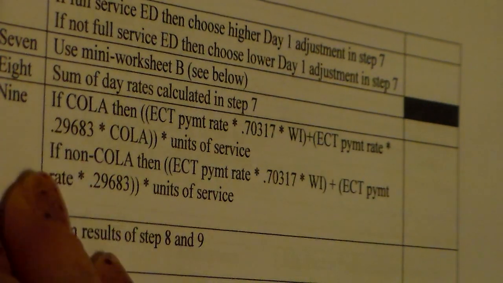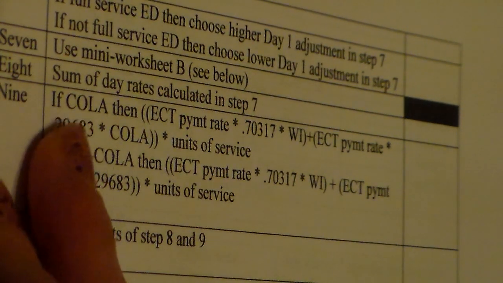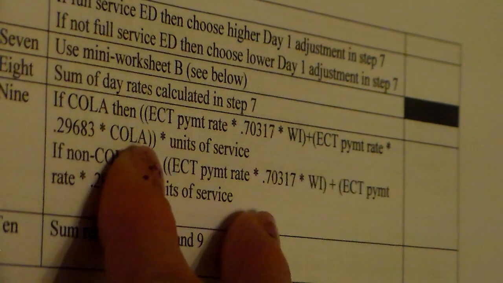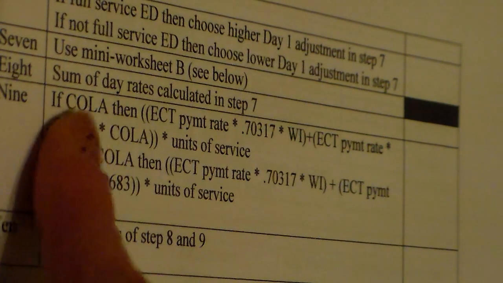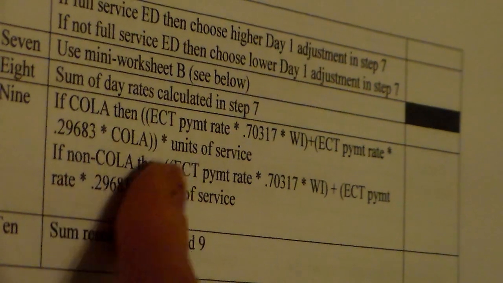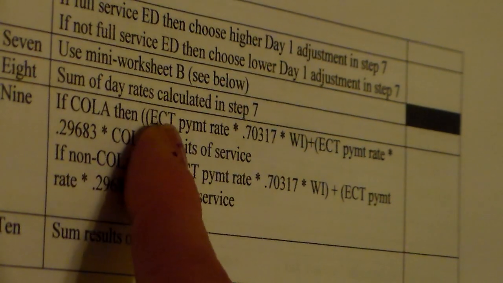Okay, so number 9, we're back to making some determinations regarding COLA, and we're given a couple of different calculations here, dependent on whether the facility is eligible for COLA or not eligible for COLA, and these have to do with the ECT treatments that the patient received.